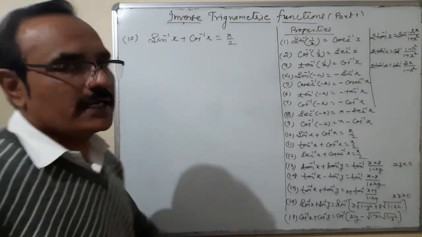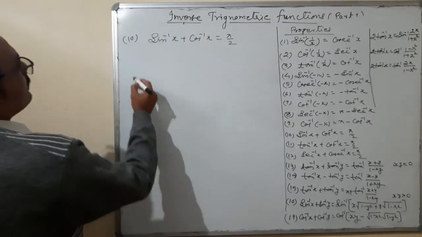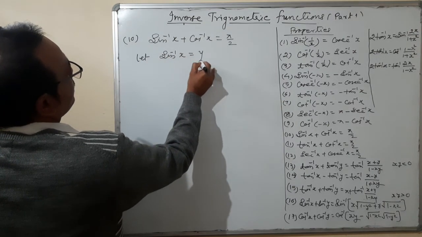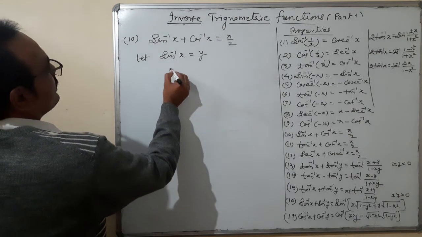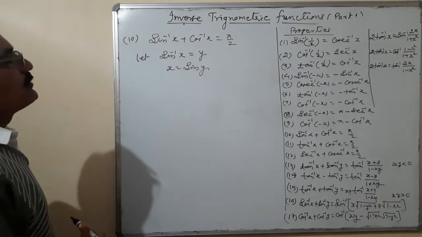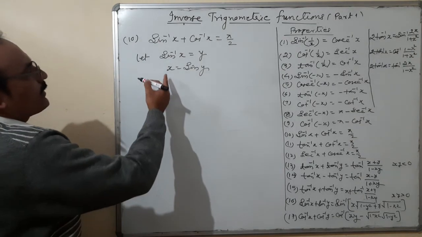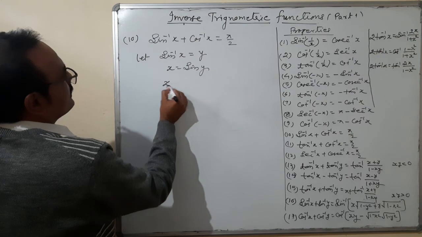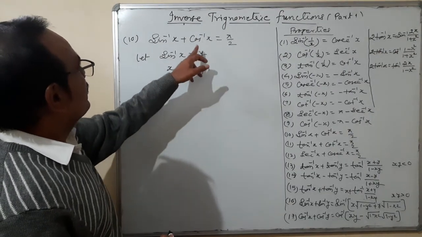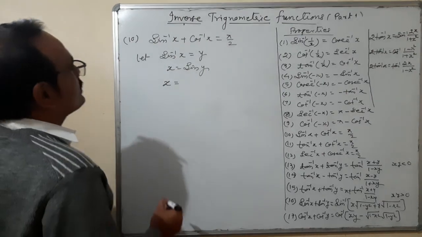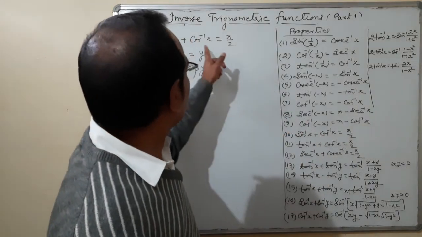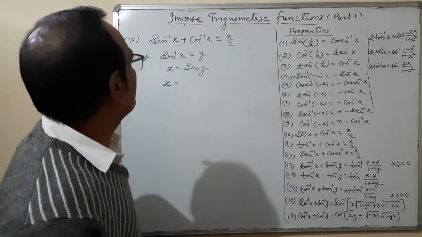One of them you can consider as y. Let sine inverse x be equal to y. Then x is equal to sine y. And we are finding the value of cos inverse x. So cos inverse x is equal to pi by 2 minus sine inverse x.